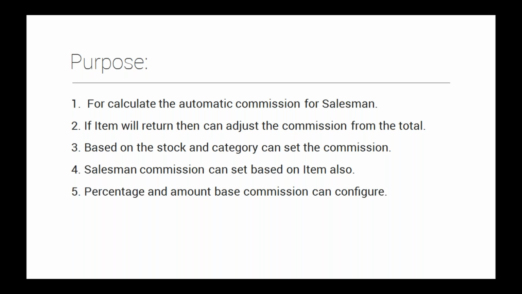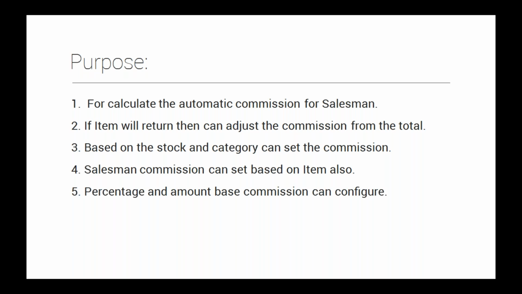Third is, you can define your current salesman commission based on your current stock, like non-moving stock based on category, and you can set the salesman commission based on item also, a particular item.